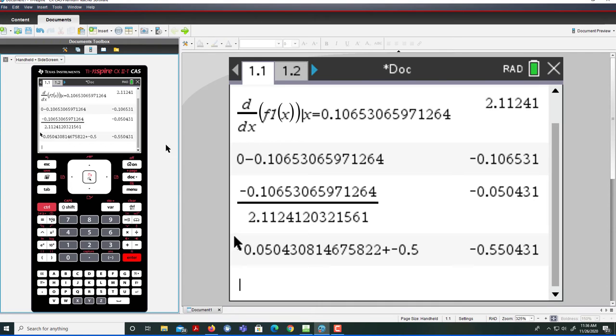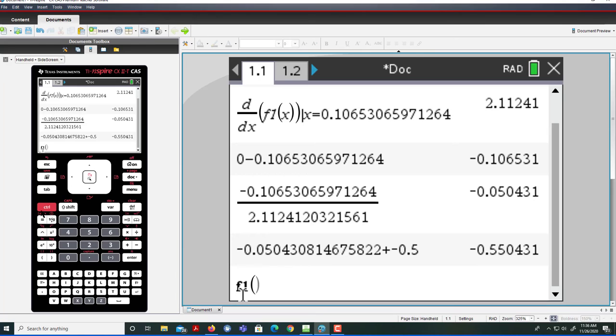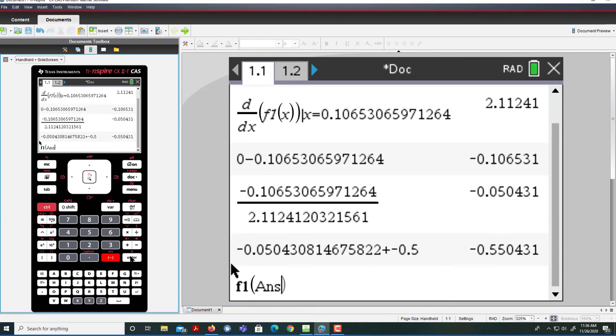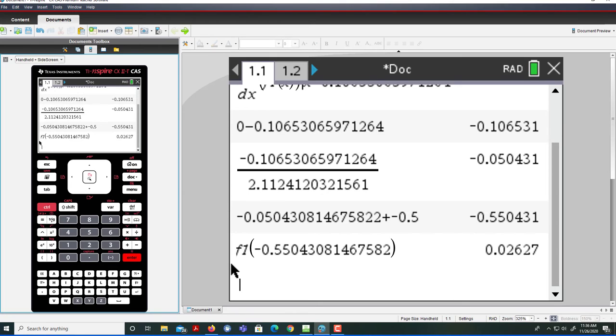Now let me evaluate the function there. Every TI product, if you go control negative, you can get the previous answer. That's this answer here. Look, we're pretty close. Oh, I wrote the wrong number. Now be careful here. It's very, very easy to copy a number into the wrong place.